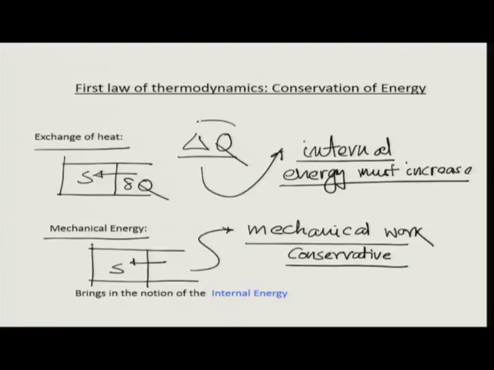One I have already written, delta Q, that is heat exchange, and then mechanical work, delta W, and I mentioned something like a ghost that appears in our theory now, that is the internal energy, which I write as delta U, okay, which I write as dU. So, I have delta Q, delta W and delta U.